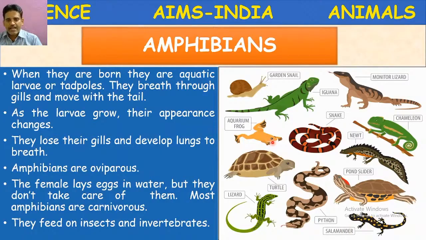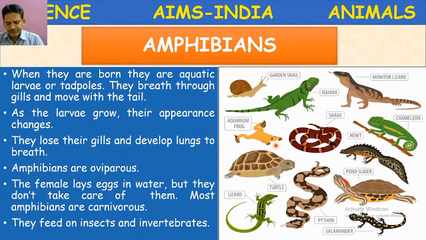In the next slide, we are going to discuss the different types of amphibians. Next, they are tetrapods. Tetrapods means they possess 4 limbs. Front limbs and back hind limbs.